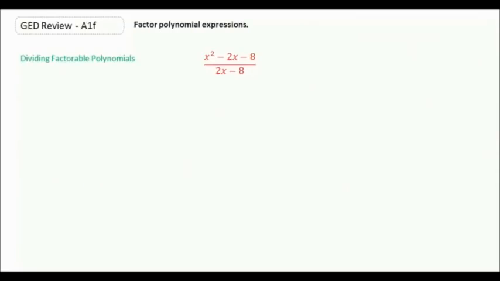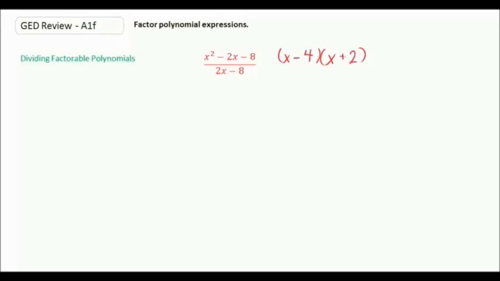Okay, now we have a polynomial in our numerator and our denominator. So what we can do is factor both of our polynomials and see if we can simplify the expression at all. Okay, so this one here, on top, we have x and x. We need to find two numbers that multiply to negative 8 and add to negative 2.